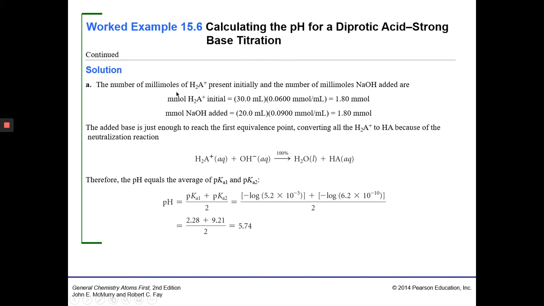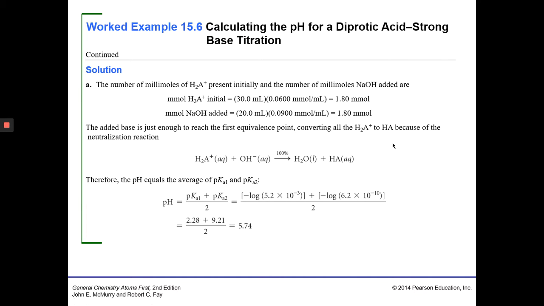Okay, so the number of millimoles of H2A plus present initially and the number of millimoles of NaOH added are 1.8 millimoles of acid initially, 1.8 millimoles of base added. Okay, and the added base is just enough to reach the first equivalence point. And so that would convert all of the H2A plus to HA, because the neutralization reaction would go 100%.